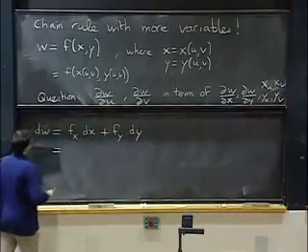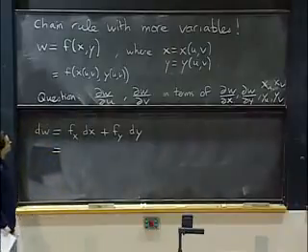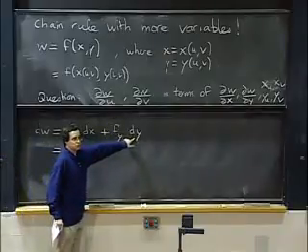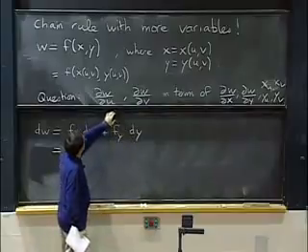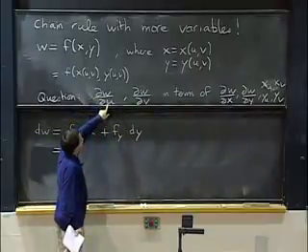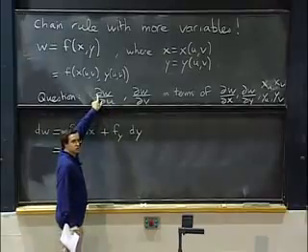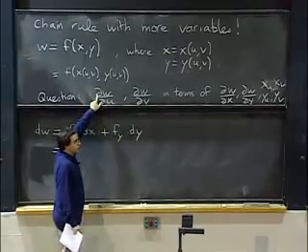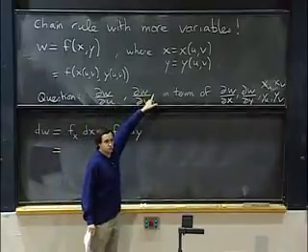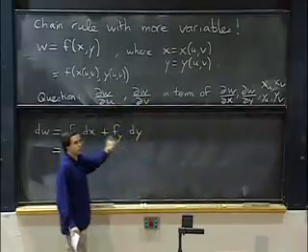Now, what do we want to do with it? Well, we'd like to get rid of dx and dy because we'd like to express things in terms of, the question we're asking ourselves is, let's say that I change u a little bit. How does w change? So, of course, what will happen is if I change u a little bit, then x and y will change. How do they change? Well, that's given to me by the differential.